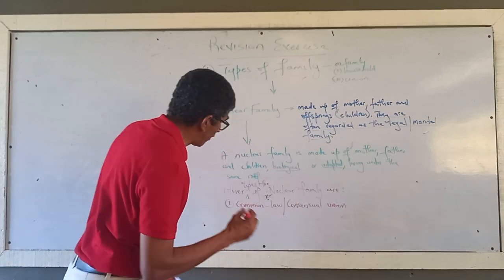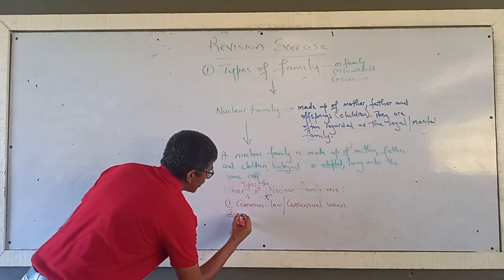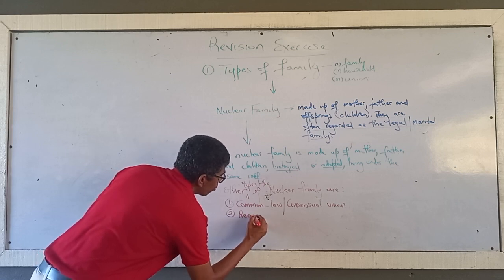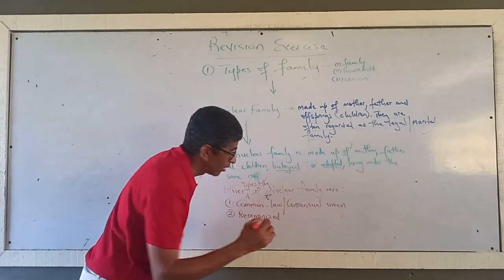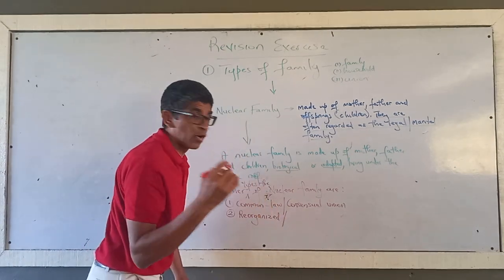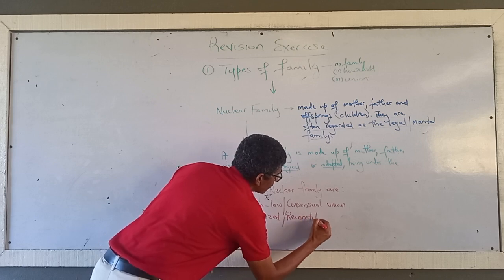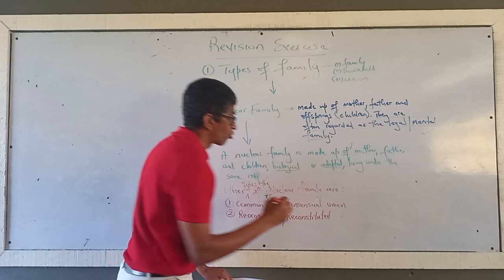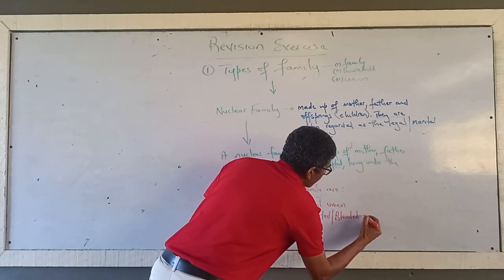Another type of nuclear family would be this one. It is called the reorganized. Some books refer to it as the reconstituted. Right? And some books refer to it as the blended family.